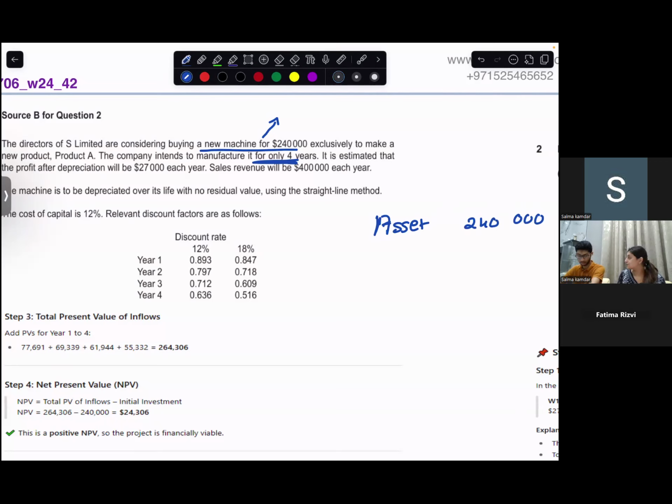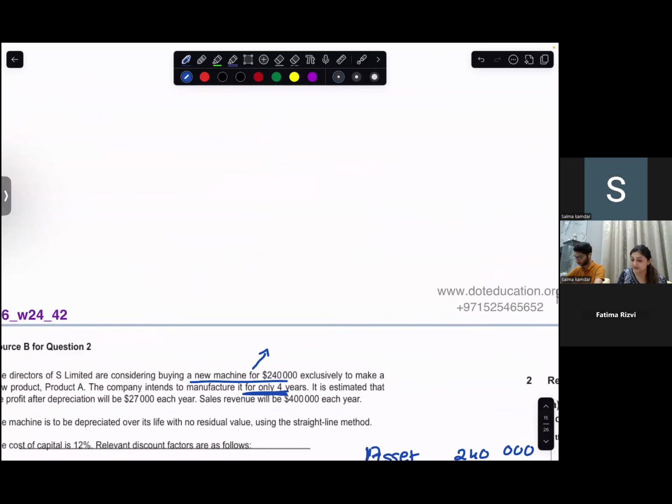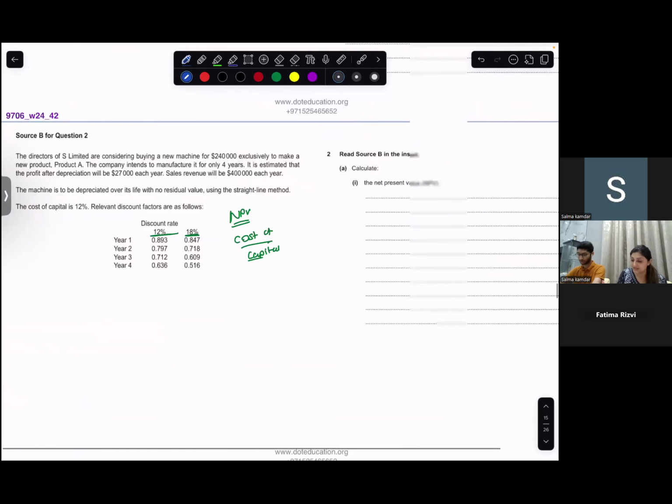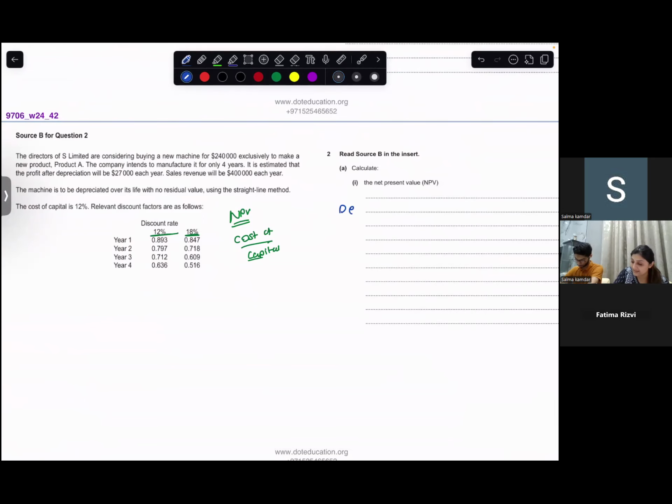I expect to use it for how many years? 4 years. So my depreciation per year would be 60,000. So the first information that I derive from all of this is that I have a depreciation per annum of 60,000.